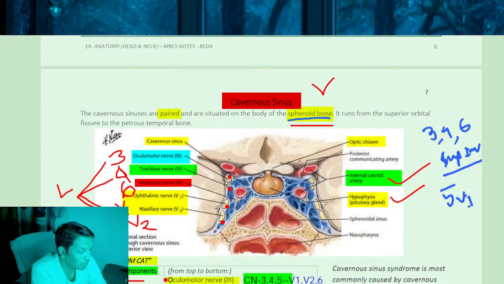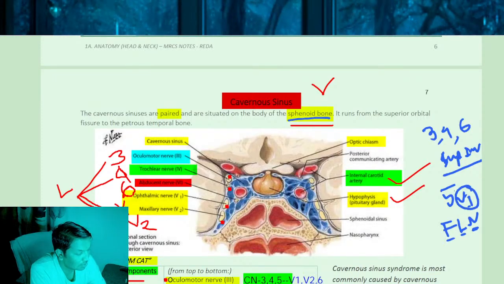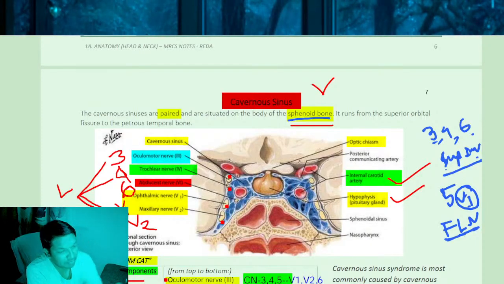This V1 we had as FLN: frontal, lacrimal and nasociliary branches of the ophthalmic division of the trigeminal nerve. And we have the superior and inferior branches of the third, fourth and sixth nerve. Almost the same. The cavernous sinus contains the third, fourth and sixth.